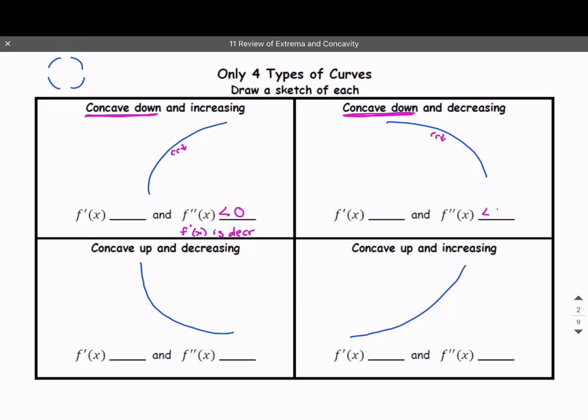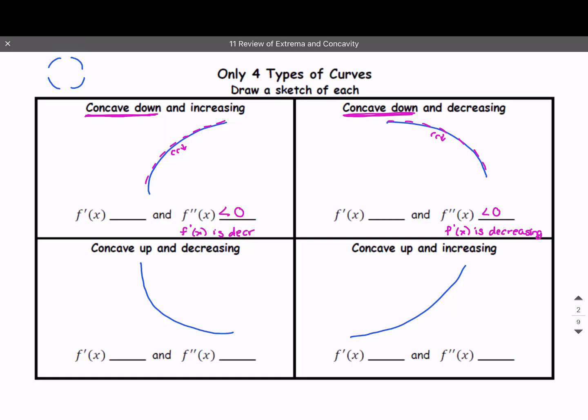Our second derivative is less than 0, and we also know that f prime of x is decreasing. The slopes of these tangent lines are getting less steep, so they're getting smaller. Here, they're getting more steep, but in the negative direction, so the values of the slopes are indeed getting smaller.